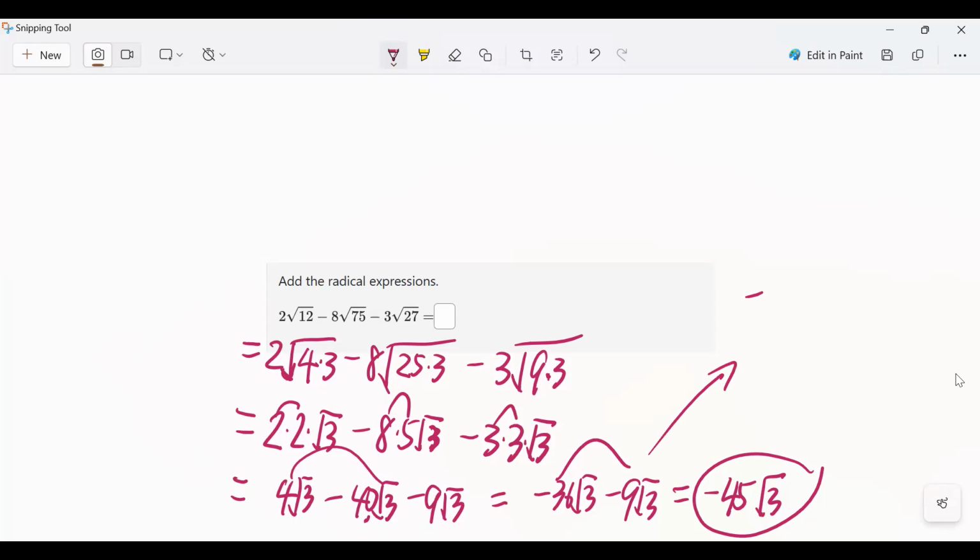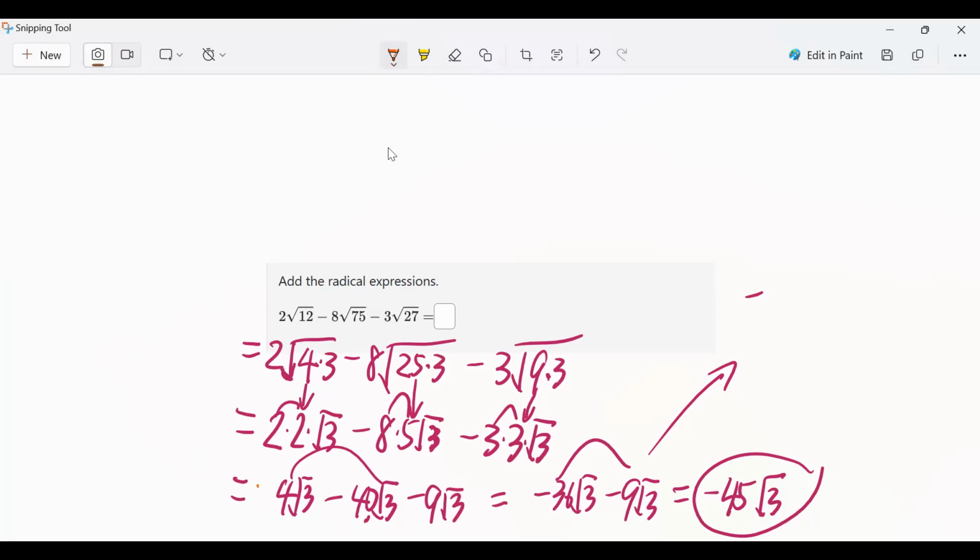Square root of 25 is 5. Oh, so you do the square root first, right? Square root of 4 is 2. Square root of 9 is 3. So we simplify first before we combine like terms.